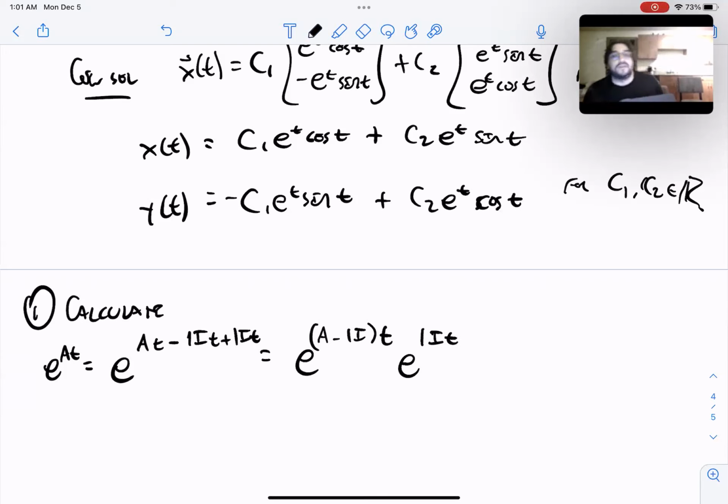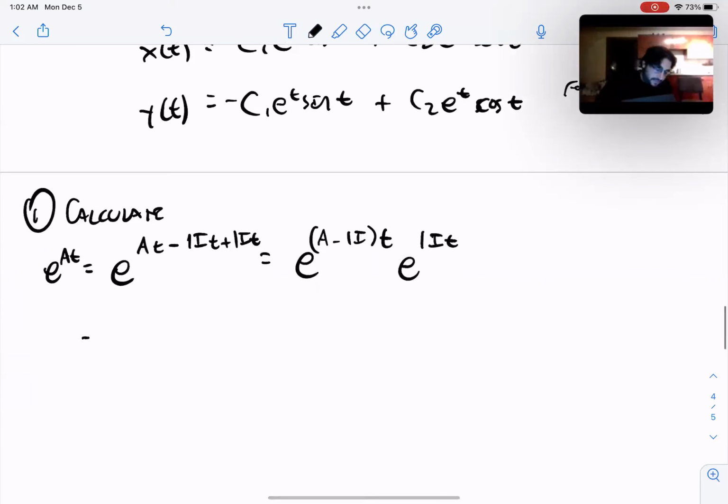Right, so the little trick is to add and subtract lambda I, or in this case lambda I t, because you want to factor a t out. Why is this helpful? Well, because if we use the power series on each of these, it's much more manageable than it was before.